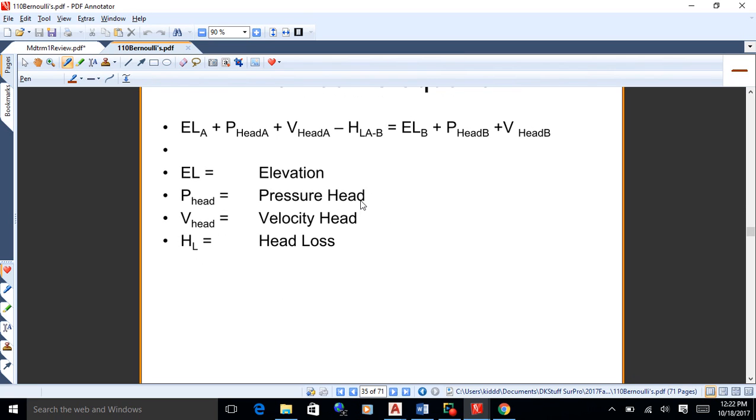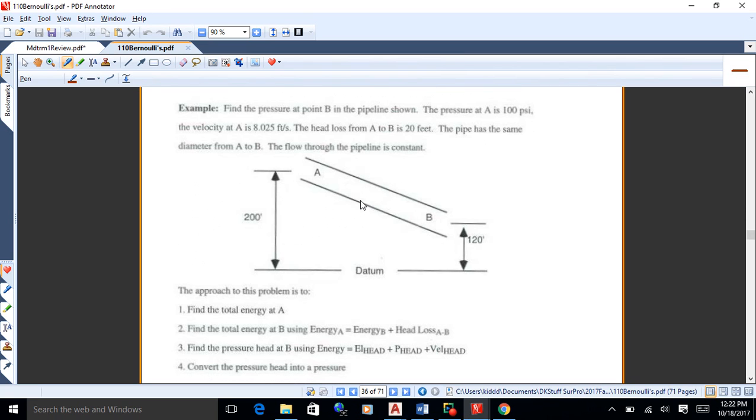Okay, and I've got this on your formula sheet too. So let's figure out from this problem what we would predict the pressure would be at point B. Let's get that worked out. All right, so we know what's happening at A, and to really use this equation, you need to know the starting information.